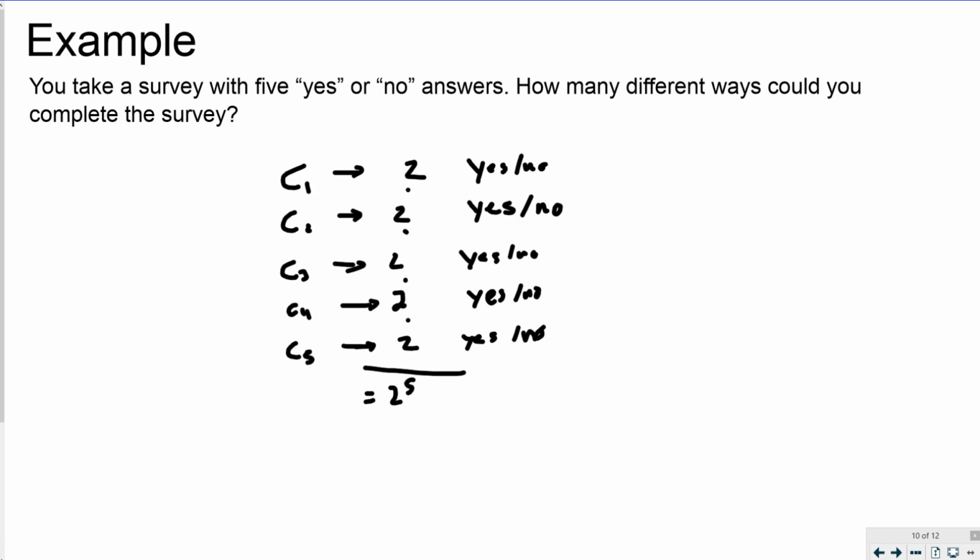So if you do 2 times 2 times 2 times 2 times 2, or 2 to the 5th power, you're going to get 32. So there are 32 different ways you could answer this survey. So again, we took the fundamental counting principle, and then we can exponentiate it in order to do it a little faster.